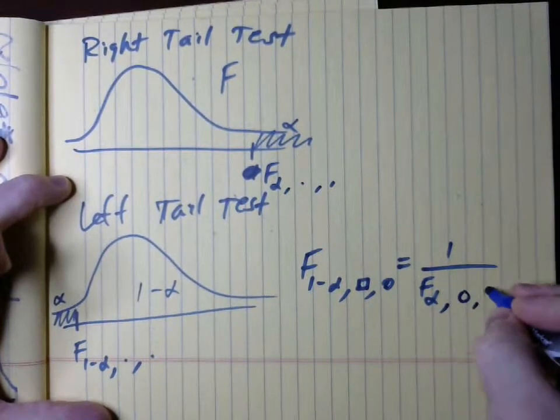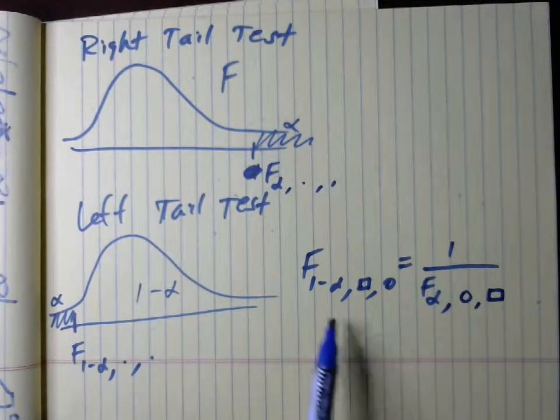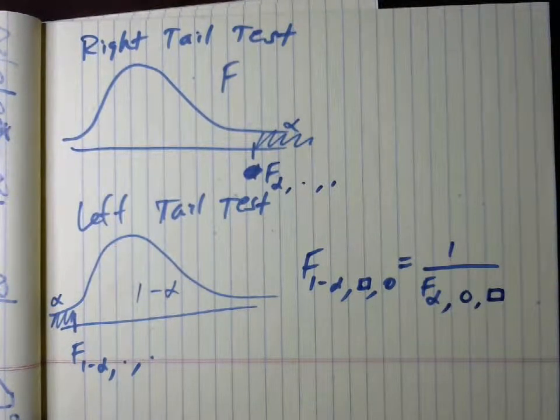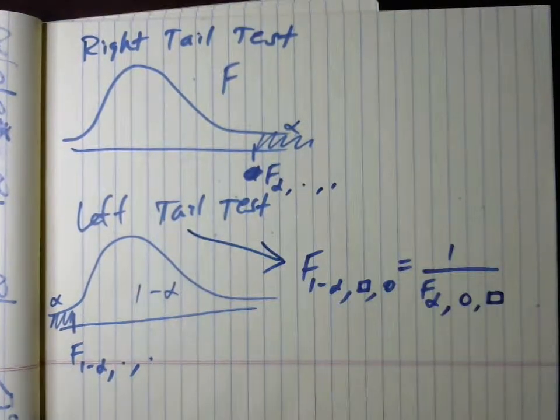We have to flip them around. So try to use that. I didn't go over an example of that, but just use that equation if you're doing a left tail test. You'll be using that equation.